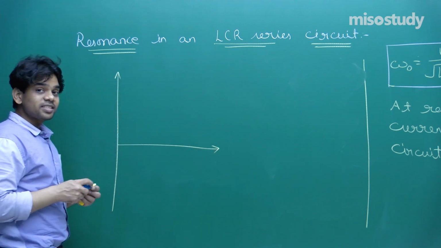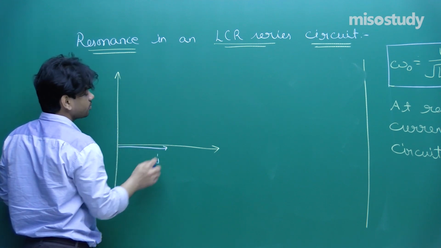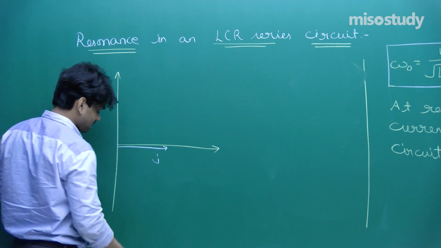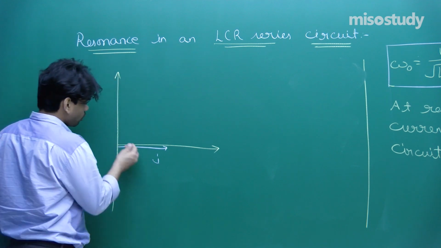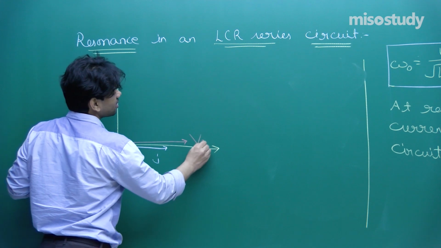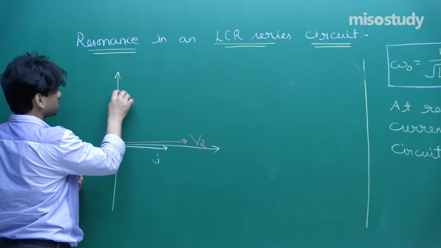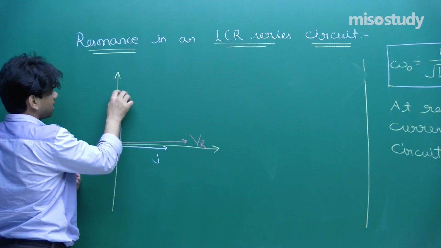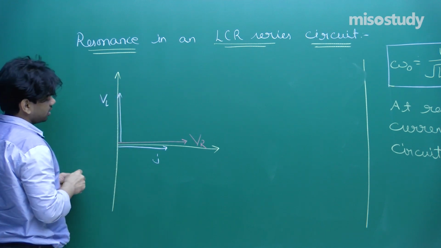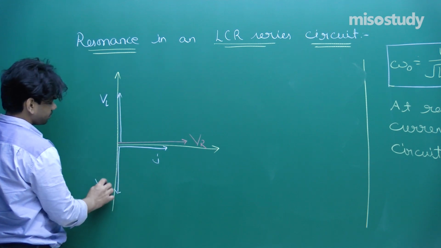So in the case of LCR circuit, I have told you, if you take current on the x-axis, VR will also be along the x-axis. So let me show you here VR along the x-axis, and we have VL and VC along the y-axis. So this I am getting as VL, and here I will be getting VC.